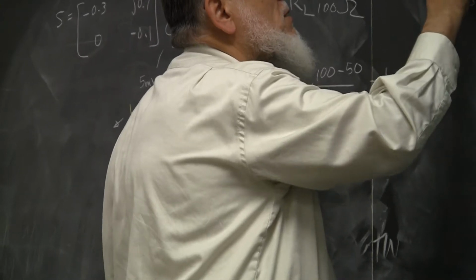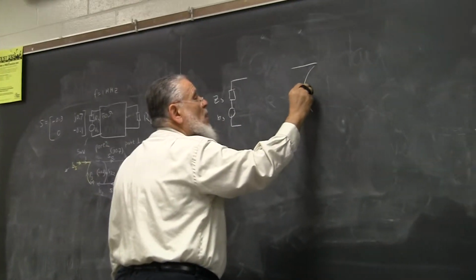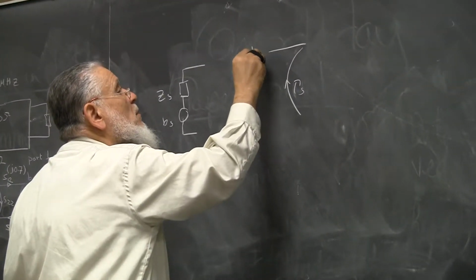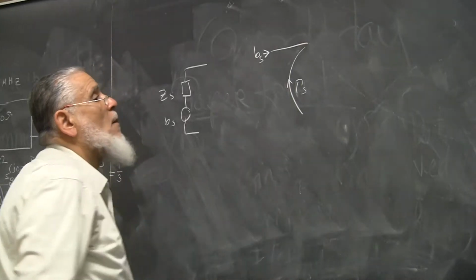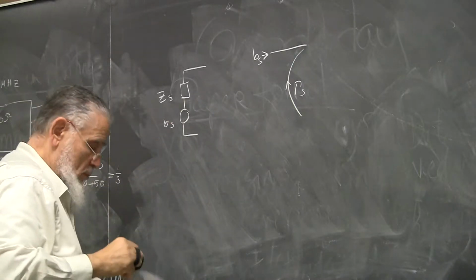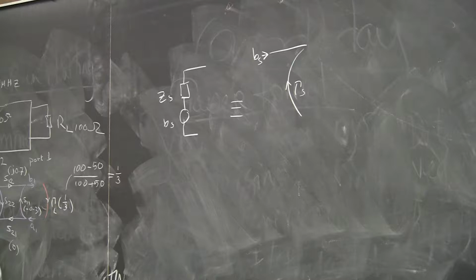BS, ZS, I want to convert that to gamma S and BS. Well, basically we say these are equivalent to each other. If they are equivalent to each other, then they will be equivalent under all circumstances.